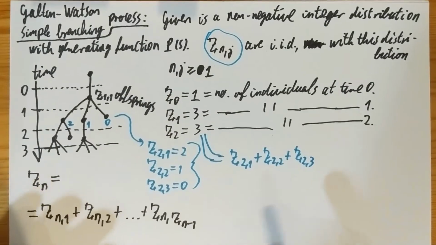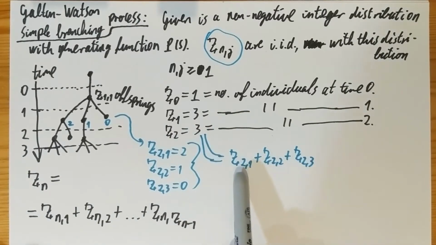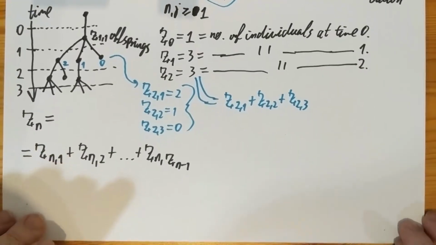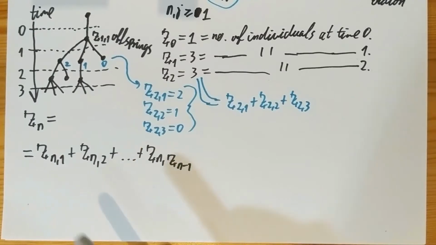If you carefully consider n equals 2, that's exactly what happened here. This 3 is Z1, and I have Z21, Z22, Z23, exactly the same formula. So why is this nice and interesting? Because this is exactly a random number of summands, exactly the way we covered it in the previous videos.